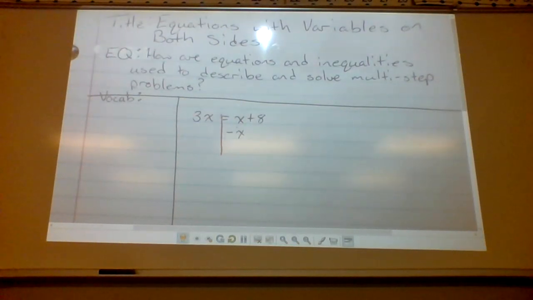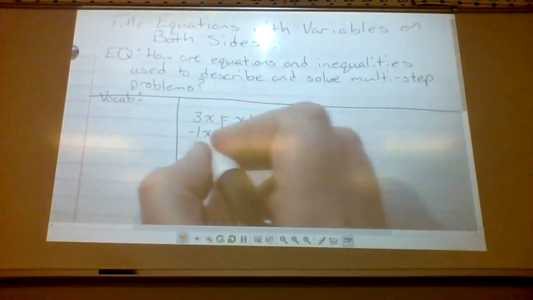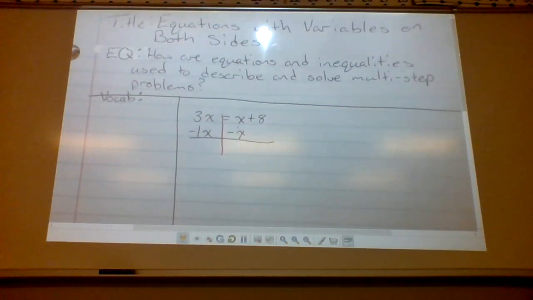So if we subtract 1x from the right-hand side, what do we do to the left? 3x minus x, that'd be 2x now, right?